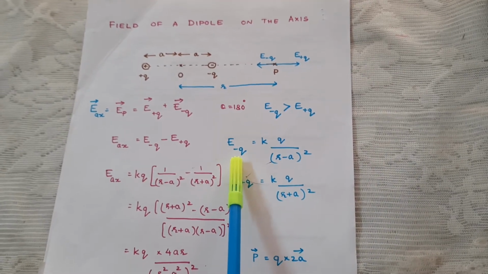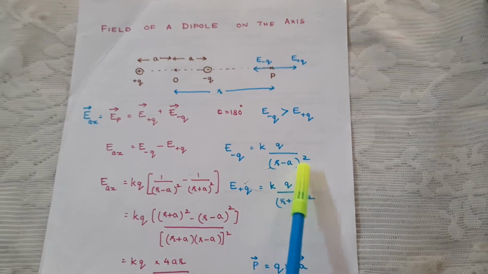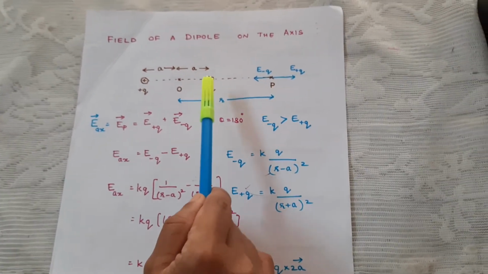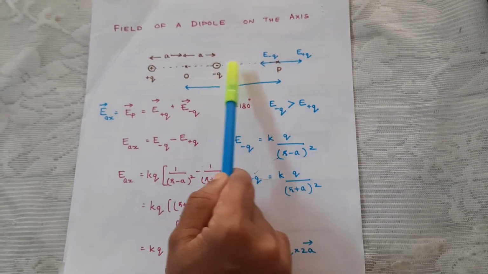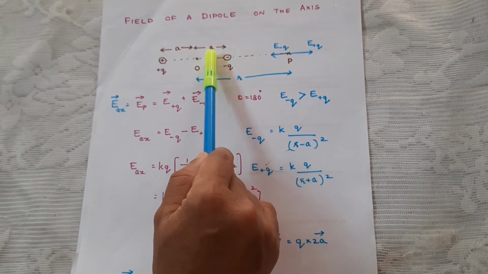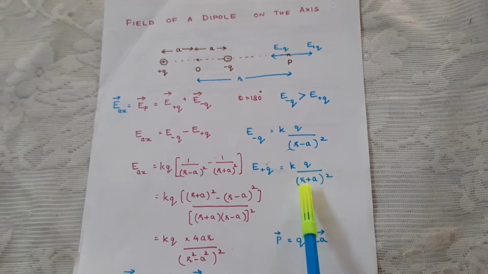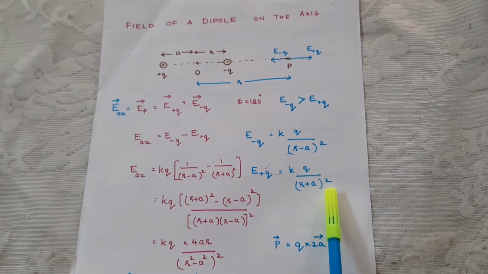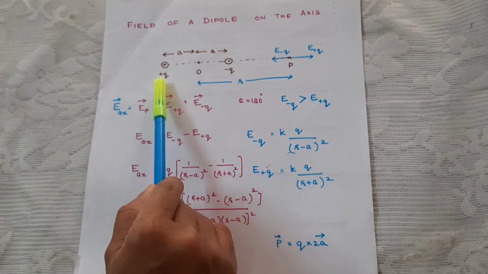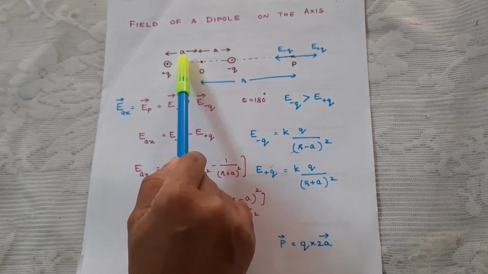E minus q is equal to kq by (r minus a) the whole square, as the distance of the negative charge from P is r minus a, and E plus q is kq by (r plus a) the whole square, as the distance of positive charge from P is r plus a.